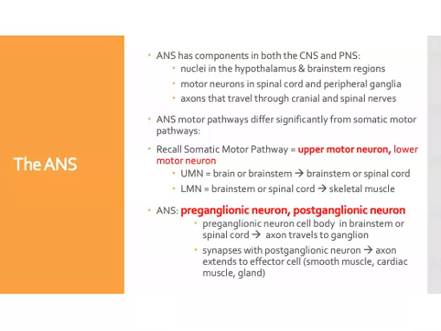Now, that will synapse with a postganglionic neuron, whose axon is then going to go off to some effector cell. And of course, in the autonomic division, there's a range of effector cells. Remember, sometimes it's muscle, smooth muscle, or cardiac muscle, sometimes it's glands. It's going to depend on which side of the autonomic nervous system you're looking at, either sympathetic or parasympathetic.